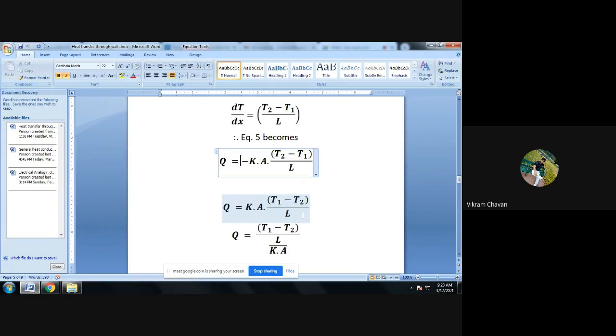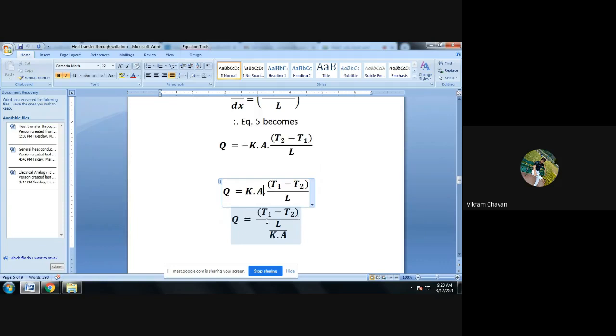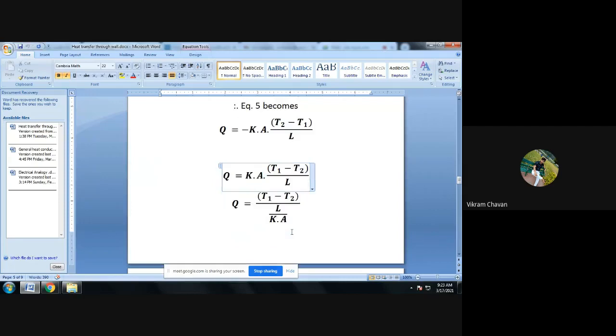Further, if you want to find the thermal resistance, we have to rearrange the equation without changing its significance. We transfer the K multiplied by A from the numerator to the denominator side. So the equation becomes Q is equal to (T1 minus T2) divided by L divided by K multiplied by A. And we know that L divided by K multiplied by A is the thermal resistance for the conduction.